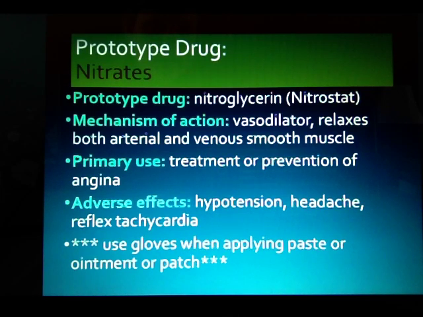Again, one of the main adverse effects is hypotension because it's causing mass vasodilation. It can also cause a headache. Can you think of a reason why a nitrate could cause a headache? What's happening if the arteries and veins of the body are being dilated?